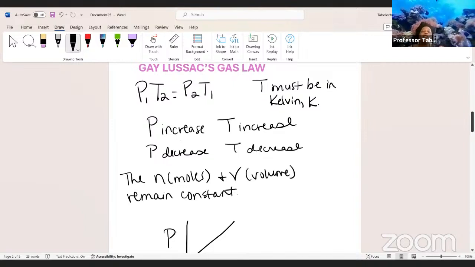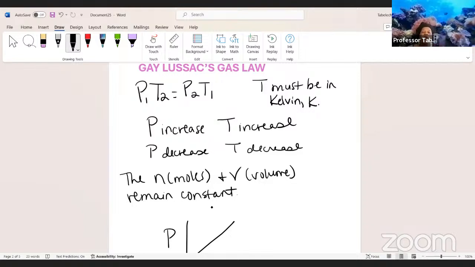So whenever you're given the numbers in degrees Celsius, you've got to convert by simply adding 273 to that value. As your pressure increases, your temperature increases. If your pressure decreases, your temperature will decrease.